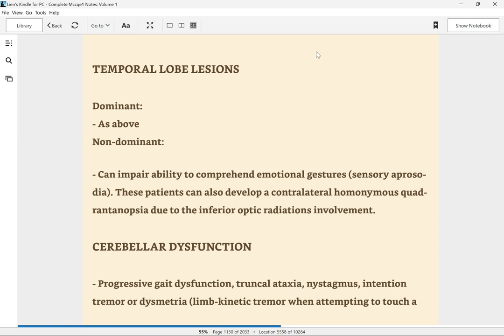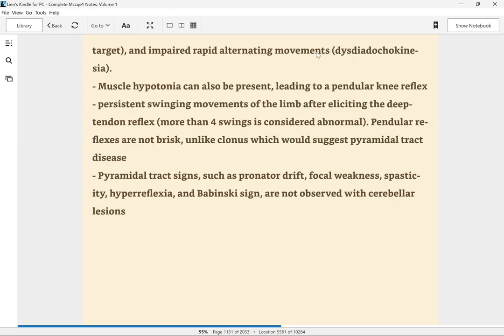Cerebellar dysfunction: progressive gait dysfunction, truncal ataxia, nystagmus, intention tremor or dysmetria, limb kinetic tremor when attempting to touch a target, and impaired rapid alternating movements, dysdiadochokinesia. Muscle hypotonia can also be present, leading to a pendular knee reflex, persistent swinging movements of the limb after eliciting the deep tendon reflex.